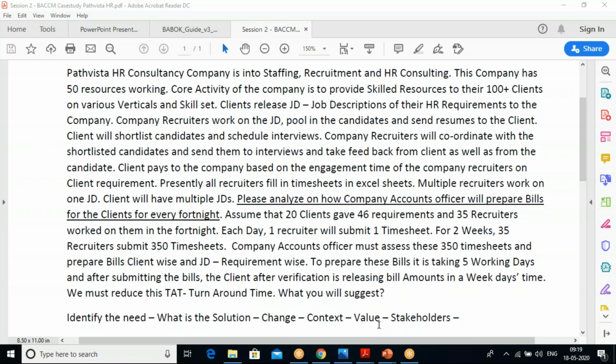Any questions on the discussed topics? In the previous session, we were going to BA activity plan, key performance indicators. Actually, we'll discuss that because I'll take a case study.